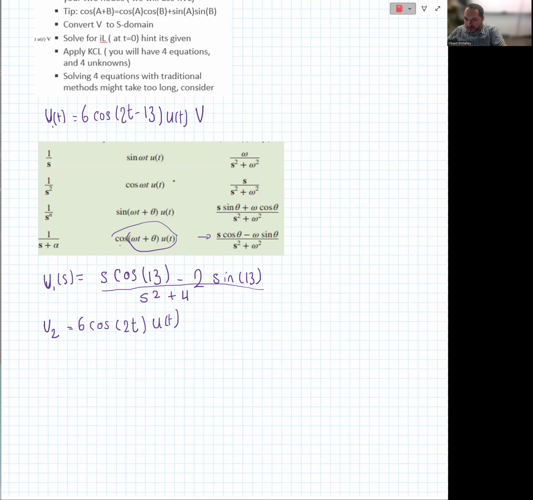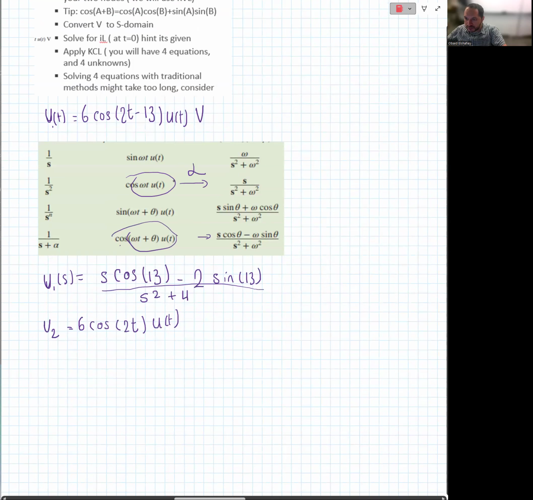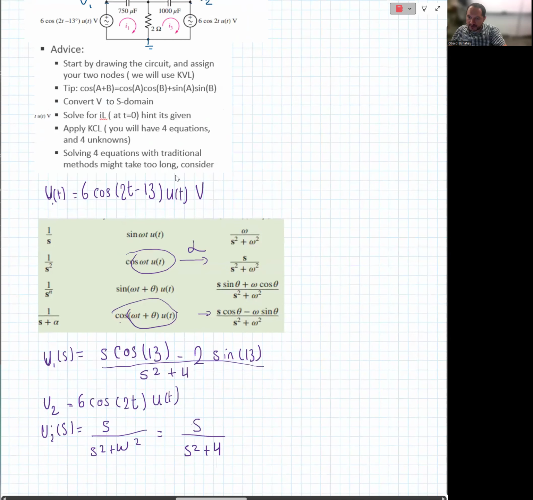So getting the Laplace transformation will give us V2(s) equals 6s over s squared plus omega squared, equal to 6s over s squared plus 4. So that's our first step.